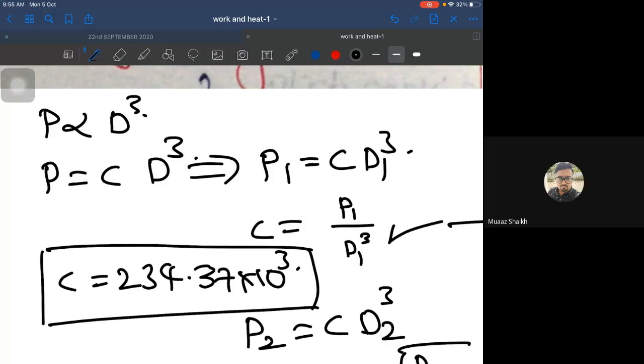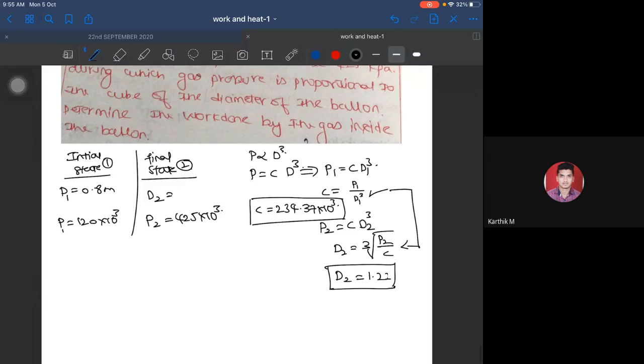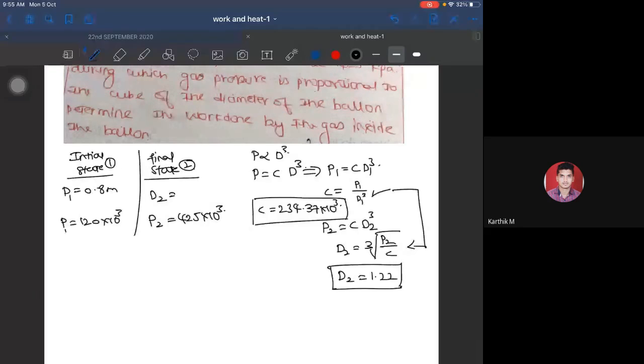Okay. Next. The D2 value is 1.81? I have got a different answer, 1.22. Even Karthik got the same, Sagar got the same. No, sir, I got 1.81. Another value? No, sir, just check.